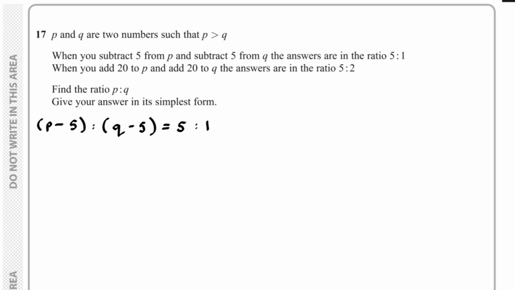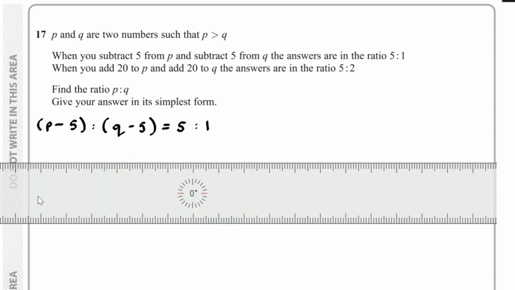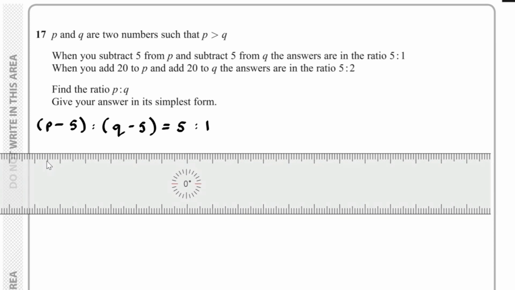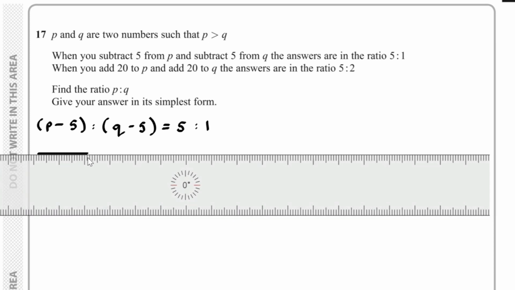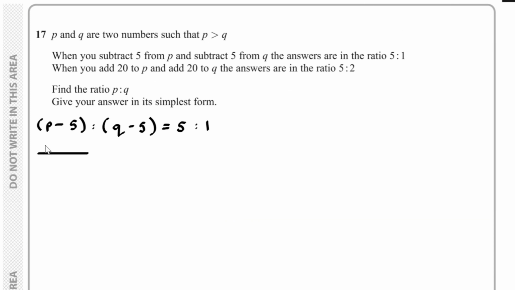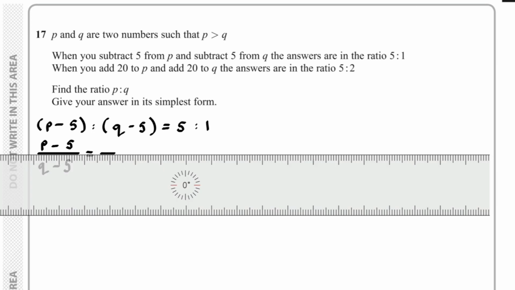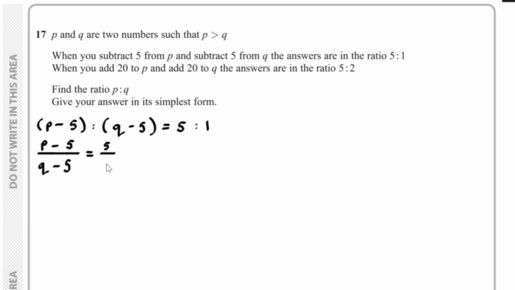And if we write this as a fraction, we have P minus 5 over Q minus 5 equals 5 to 1.